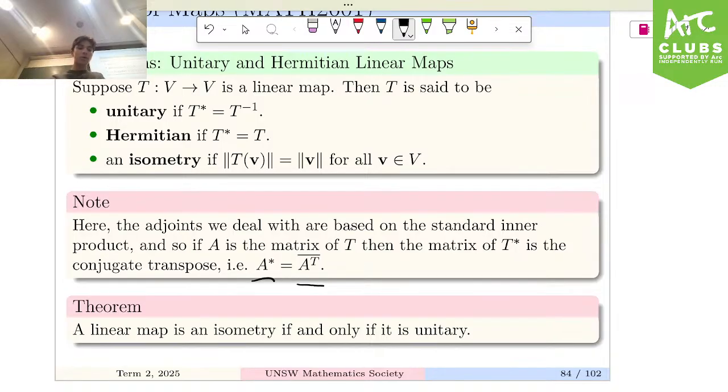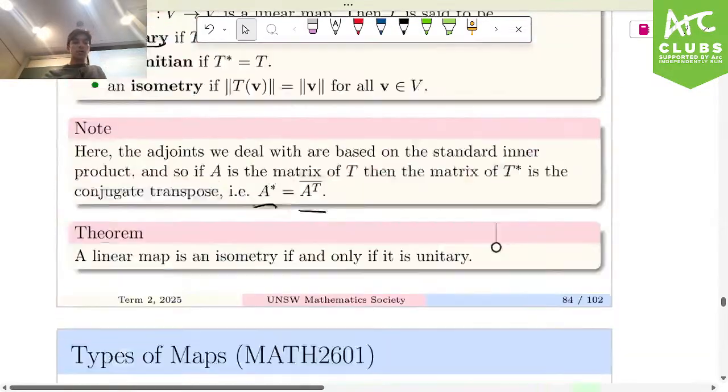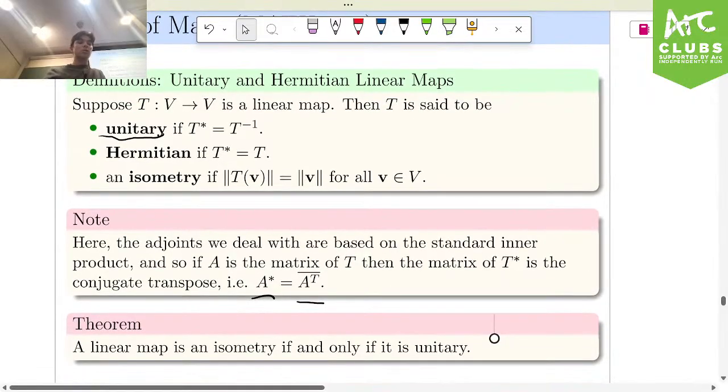And we do have a theorem that a linear map is an isometry if and only if it is unitary. So a linear map is called unitary if and only if it is distance preserving, right? Which is interesting to think about. It gives you a better idea of what these unitary maps really are.